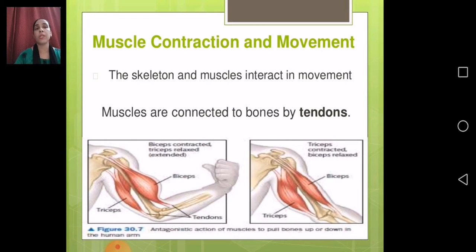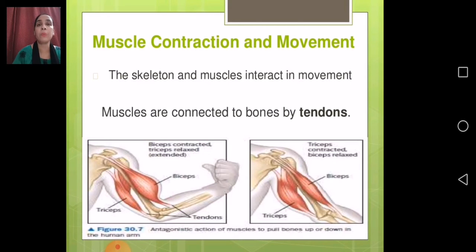If I talk about the muscles, I'll start with the human being only, that human being has two types of muscles in the upper arm, that is biceps and triceps. Now when the biceps contract, then the triceps relax or extend, then when the triceps contract, the biceps relax.